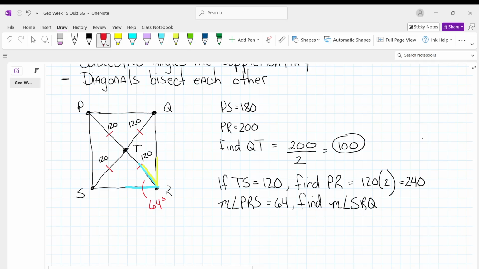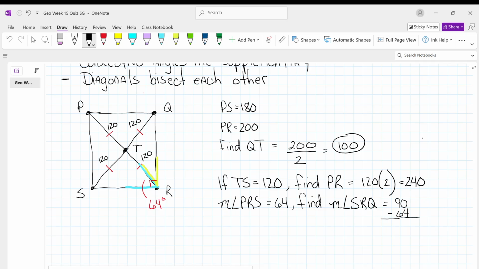In our rule, we said that all 4 angles are right angles. So this angle here is a right angle. And if the blue portion of it is 64, then wouldn't the yellow portion be 90 minus 64? So the measure of SRQ is going to be equal to 90 minus 64.